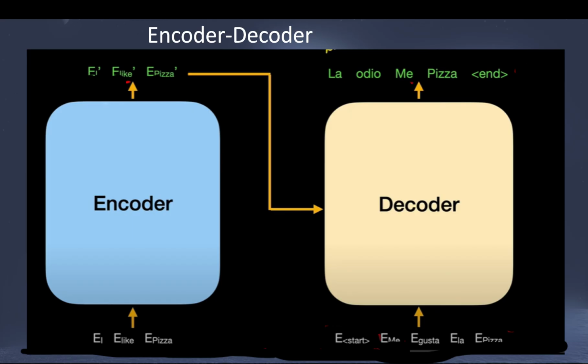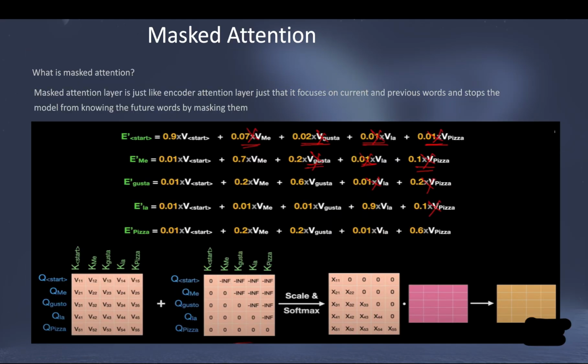We will see that, and also here we will see the masked attention, which is like multi-headed attention, but it will be masked in the sense that future words won't be used. We'll see that. Masked attention is just like the encoding layer. It's just focused on the current words and not the future words.